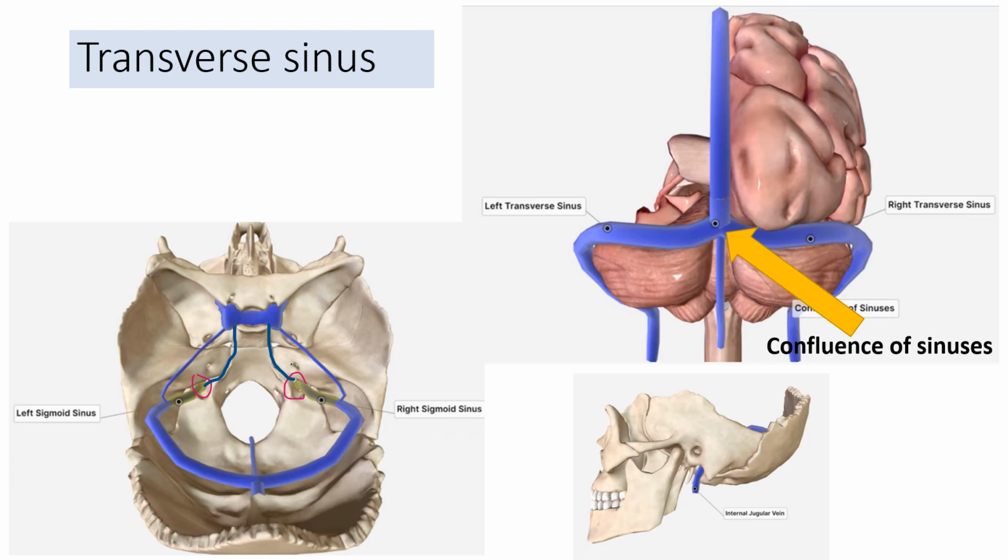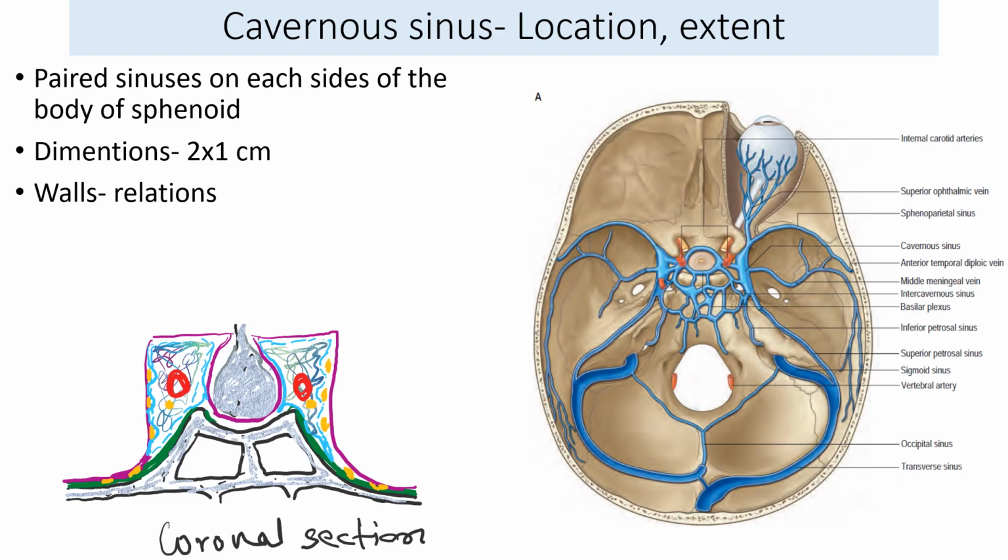The anatomical description of the cavernous sinus is important because it has communication with many intracranial and extracranial veins. So the transfer of infection from extracranial to intracranial, or from intracranial to intracranial areas, is possible through the cavernous sinus communications. So let us see the anatomy of the cavernous sinus.